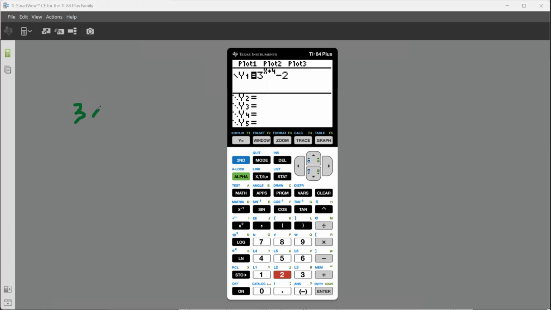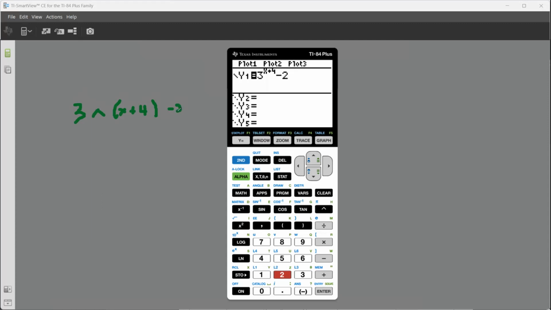And depending on your calculator's behavior, you might have to use parentheses here for the exponent, x plus 4, minus 2. Okay.